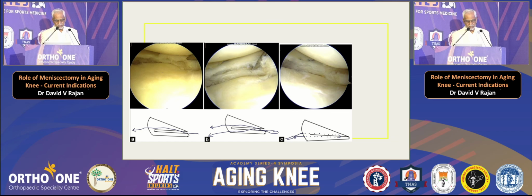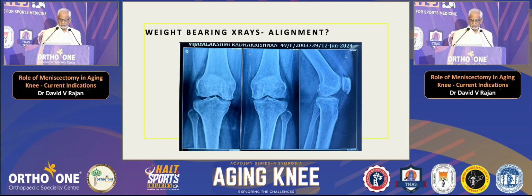Whenever you excise a flap, eventually there may be a horizontal cleavage tear. You cannot leave it alone because that will form a cyst or pain. So we also developed this technique where we close the gap by inside-out passages.